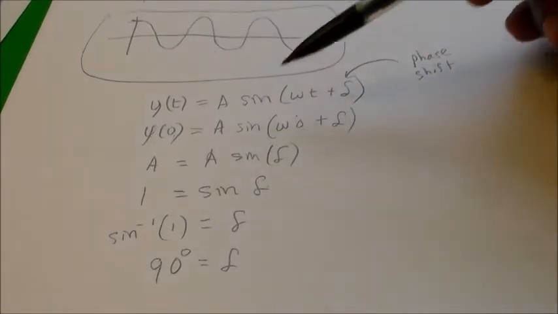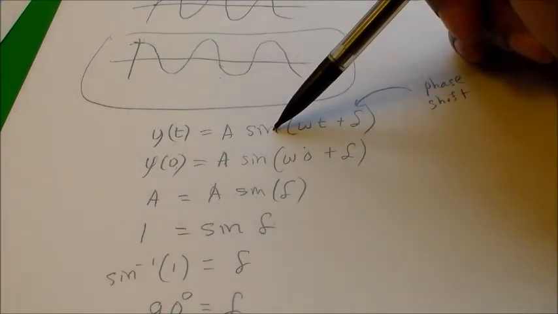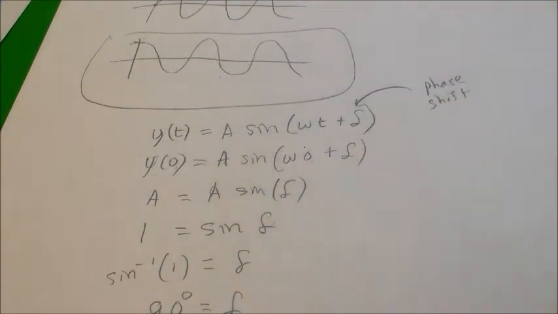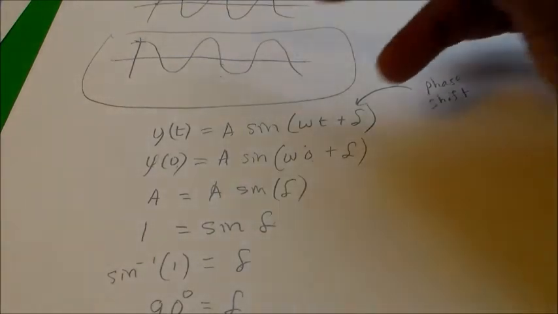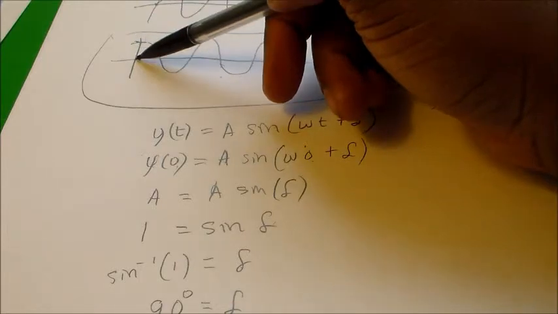Let's say you needed to represent the phenomenon, which happens to be this way, but you're asked to do it using a sine wave, how would you go about actually solving that? And you can do the exact same thing as long as you know what the amplitude is at 0.